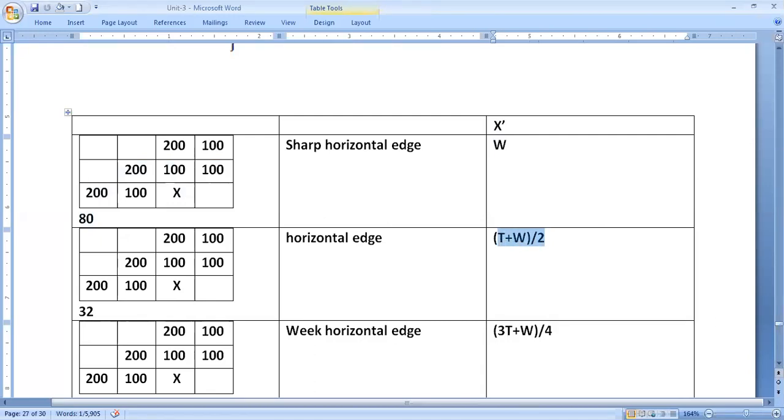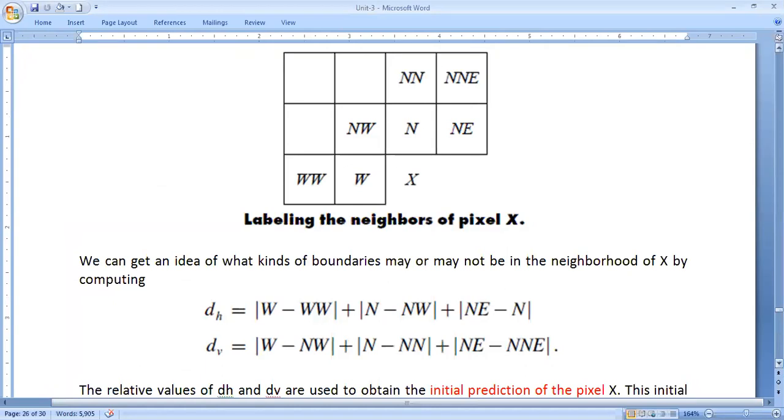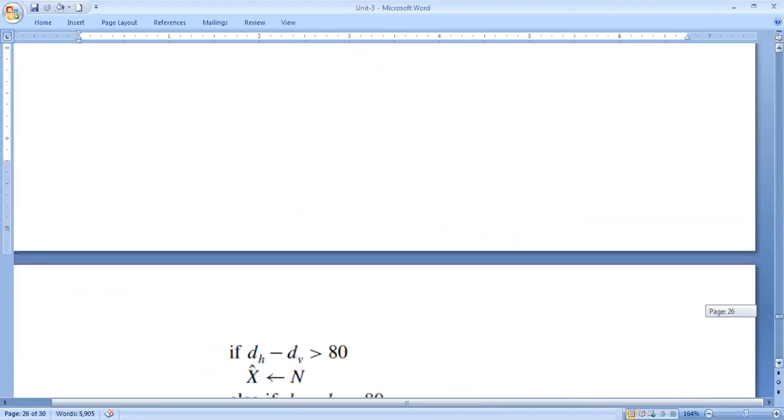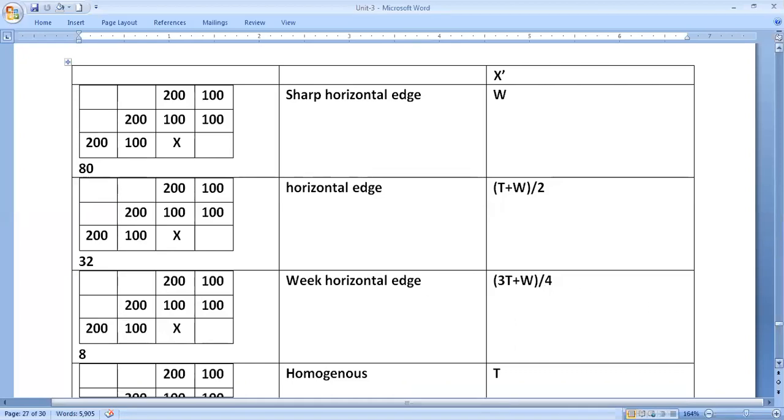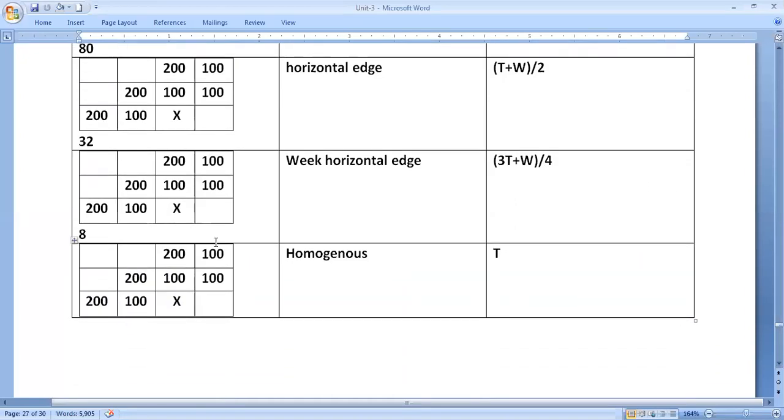And if the difference dv minus dh is between 32 and 8, then x will be encoded as 3t plus w by 4. And if dv minus dh is 8 to 0, then we will take the value t.